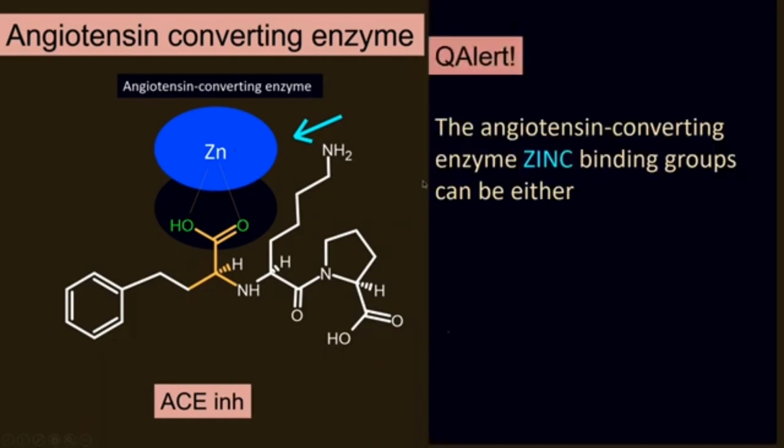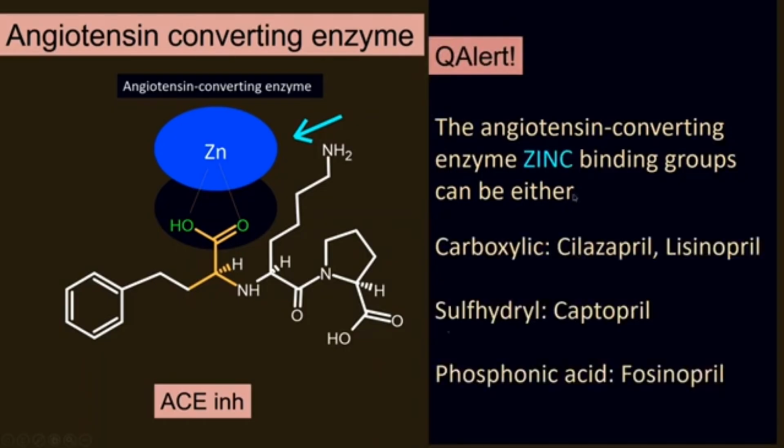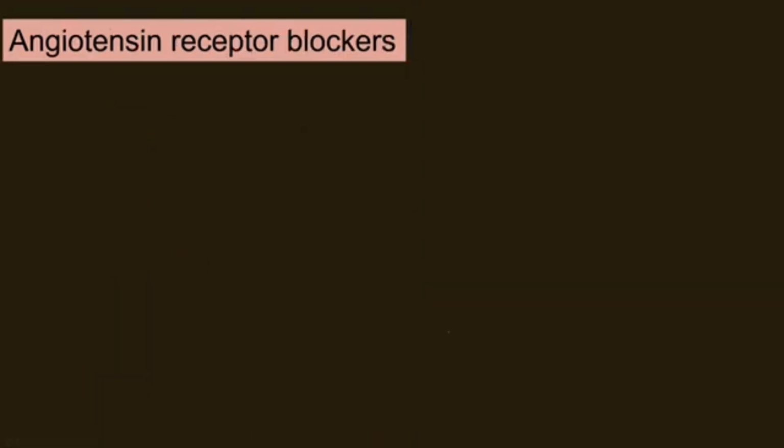Therefore, ACE inhibitors bind to the zinc. Some ACE inhibitors have carboxylic acids, like cilazapril and lisinopril, whereas captopril has a sulfhydryl group in this place, and fosinopril has phosphonic acid. These are the unique structure-activity features of angiotensin converting enzyme inhibitors.